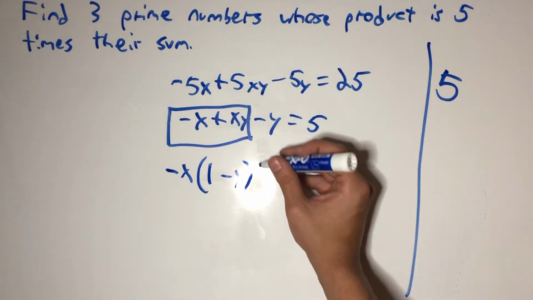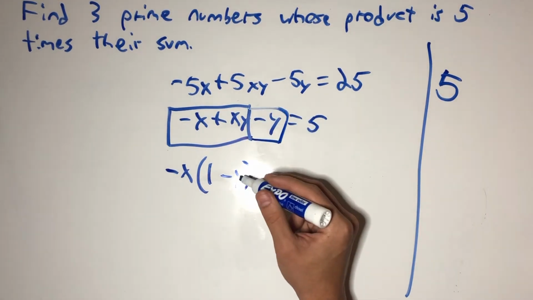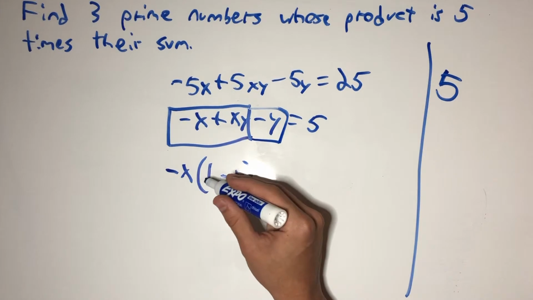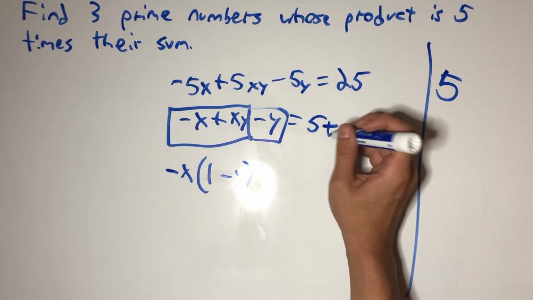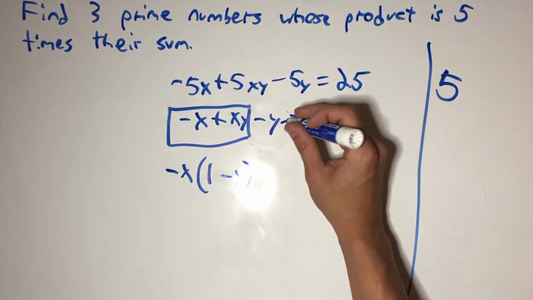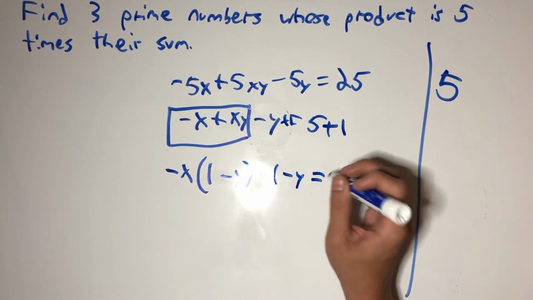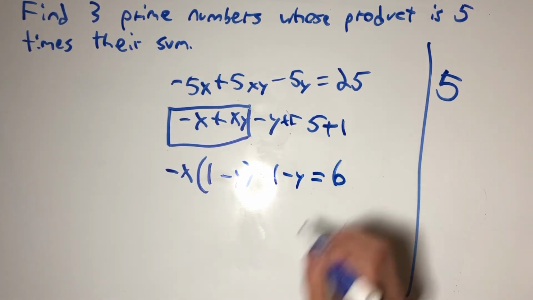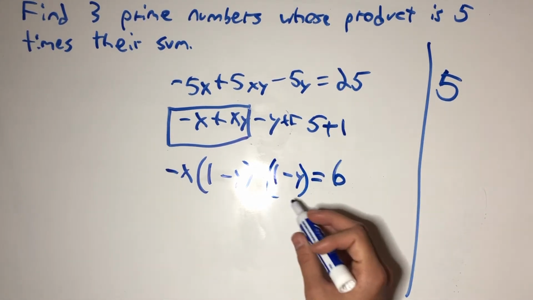Now, we want to be able to take this part of it and factor out another 1 minus y. But we're missing a 1. However, it's an equation, so we can add 1 to both sides. So we can add 1 right here, and this will be plus 1 minus y equals 6, because 5 plus 1. So, as you can see, here's another factor of 1 minus y.